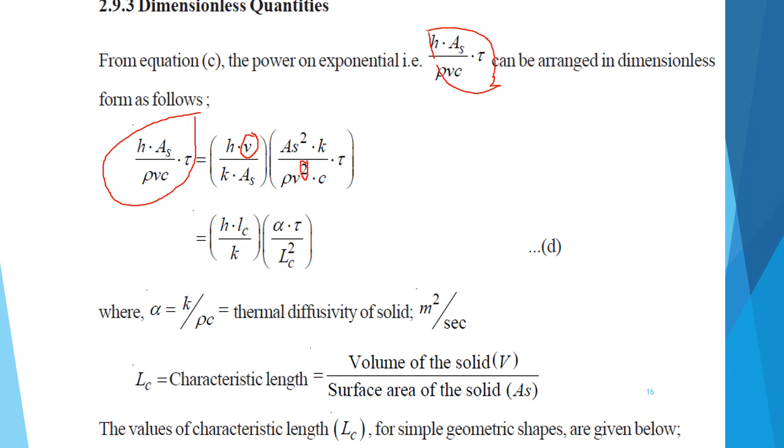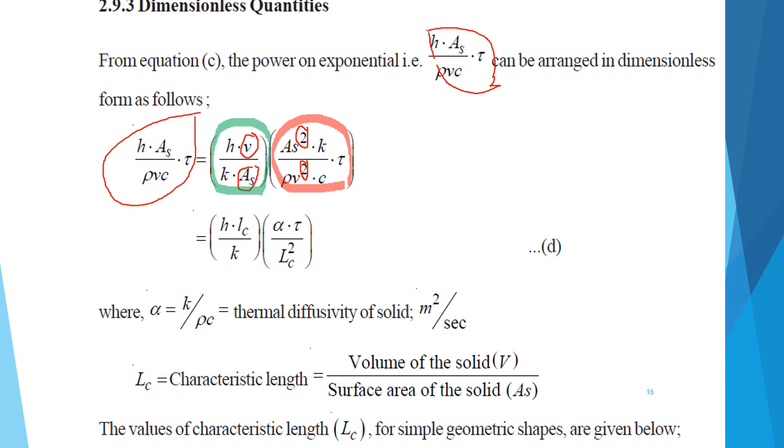In the same way, I am multiplying the surface area in the numerator and denominator. What you can see is hV divided by kA, that is one term, and the second term I will get is A squared k divided by rho V squared c into tau.